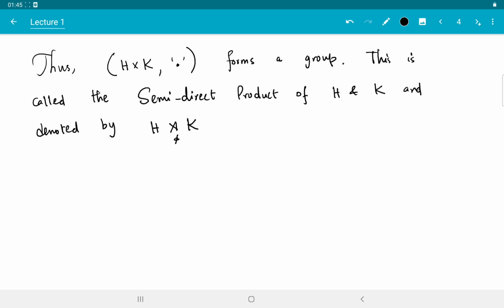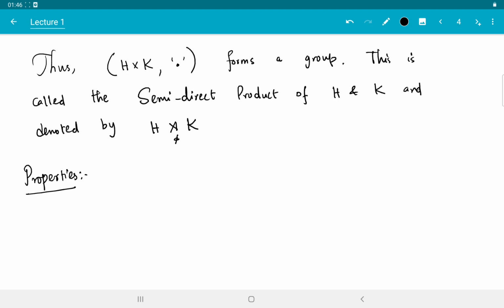Now what are the obvious properties of this semi-direct product of H and K?